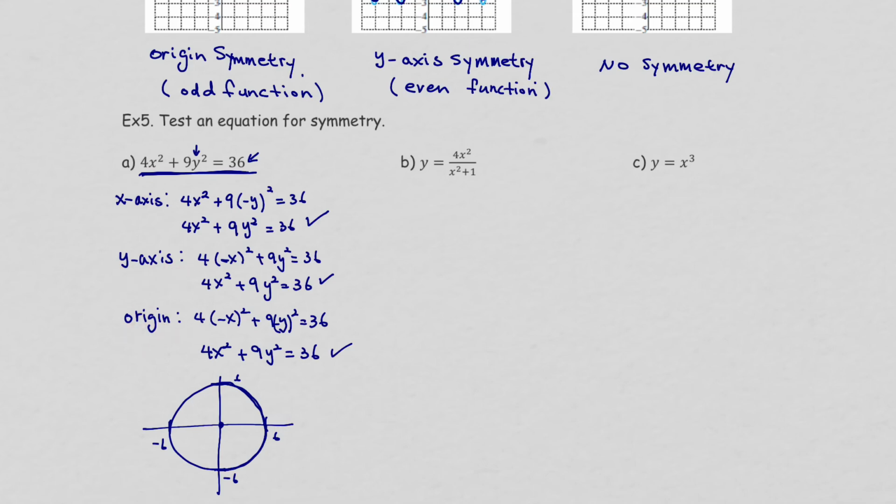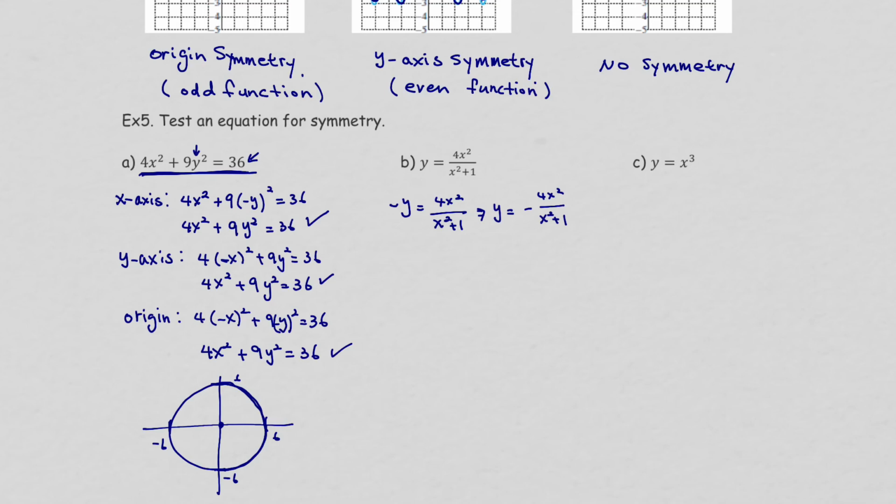What about the next one? When you're letting y equal negative y, this gives you negative y equals the expression. In order for negative y to become y, you need to multiply both sides by negative 1. So this becomes negative 4x squared over x squared plus 1, which is not the same as what we started, right?